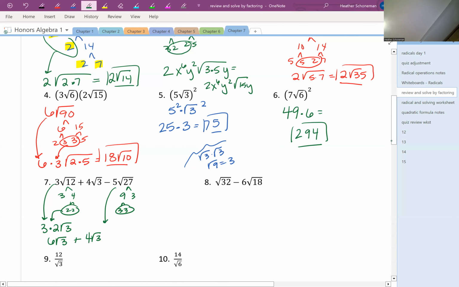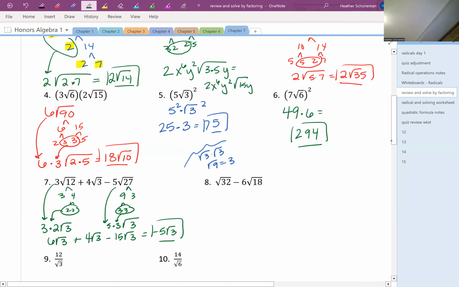So I'm going to have the 5 that was outside, the 3 that can now come outside, and the 3 that's underneath. So this is 15 square root 3. And just kidding, that's not plus, that's minus. Okay, so now they're all like terms, and now I can combine them. So 6 radicals plus 4 gives me 10, minus 15 is negative 5 square root 3.